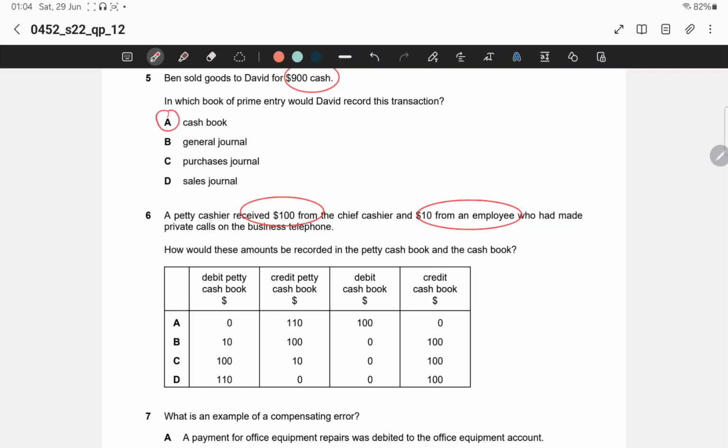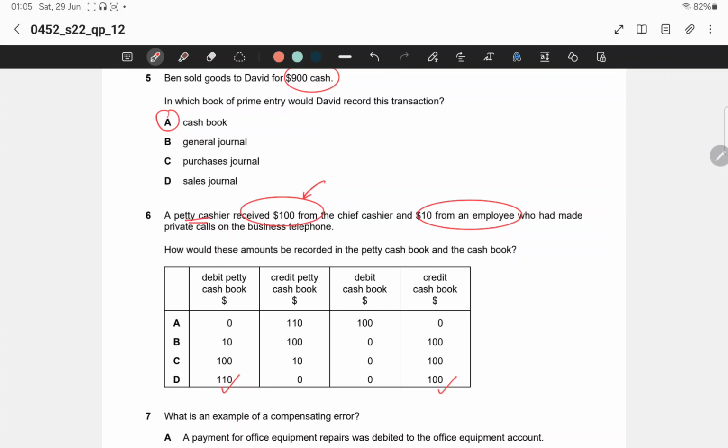When she receives 110, she needs to debit the petty cash book 110, and credit the cash book 100. Why credit the cash book 100? Because the petty cashier received 100 from the chief cashier.